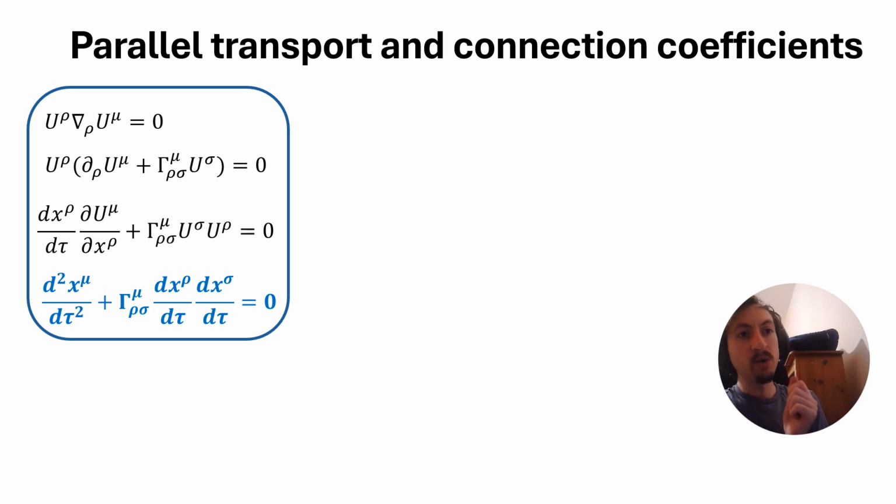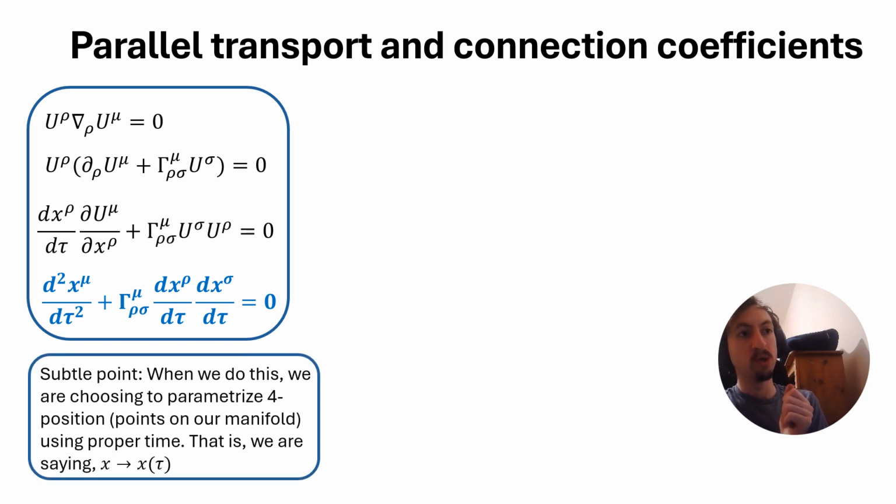And the thing to note here is that, well, there's a few things to note, and we'll come on to exploring what this equation means in flat spacetime and in curved spacetime in a bit.